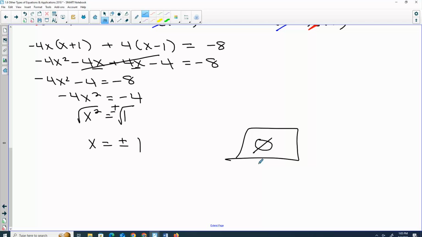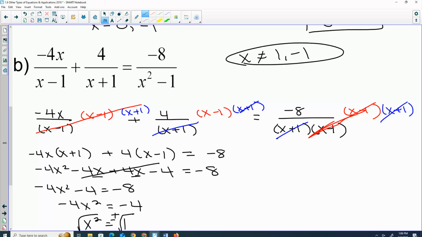Wait, why would I have negative 5 and negative 4? I know, but where did it go as an answer? Because when you divide negative 4 by negative 4, you get positive. Oh, yeah. Okay, other questions? So you don't multiply the negative 8 by the x and 1? No, because it canceled out. No, because it canceled out the one on the bottom.